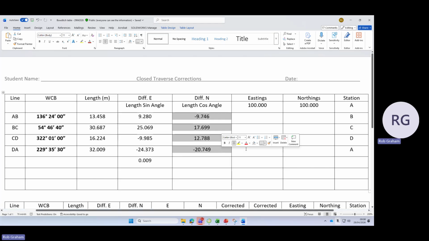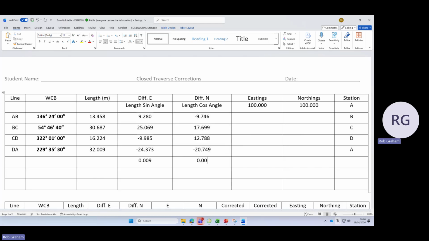And we are getting 0.008 there. So this is the first indication of your linear misclosure using your taping or your total station distances. So 9 mil in the eastings and 8 mil in the northings. How does that look for the coordination of this?